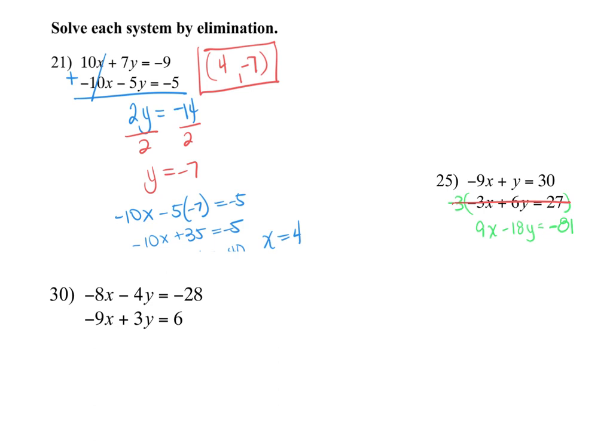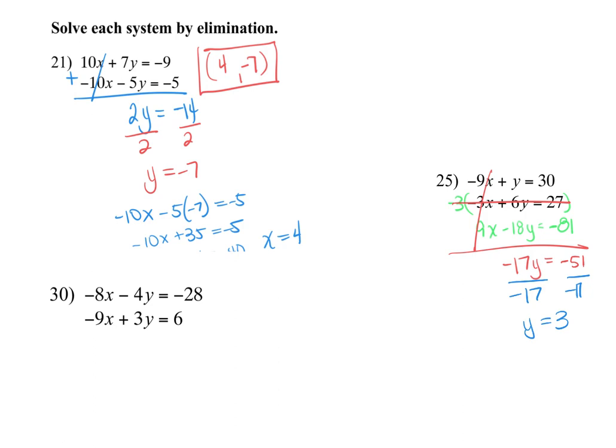Make sure that you're not, if it's the one below it, either rewrite both of them or just cross through that middle one so you know to add the top and the bottom. So I have negative 9 and positive 9, those cancel. I have 1y and negative 18y, that's negative 17y. And then I have positive 30 and negative 81, that is negative 51. That is divisible, so divide both sides by negative 17. That is 3.